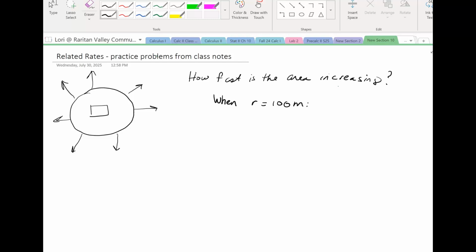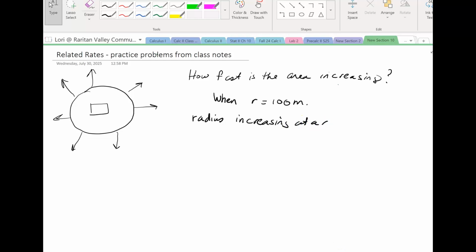So we are looking at it when it is at exactly 100 meters. But we're also told that the radius itself is steadily increasing at a rate of 30 meters per hour.